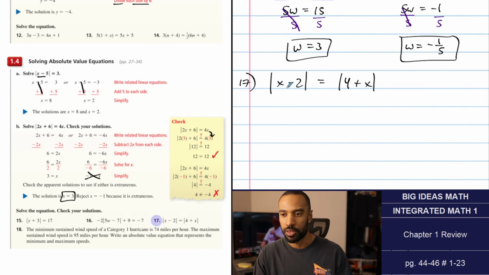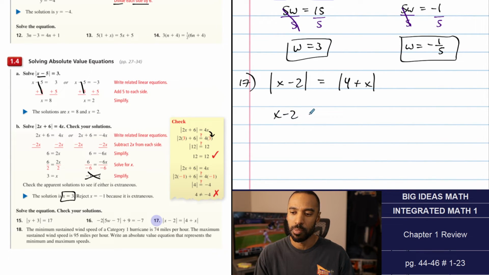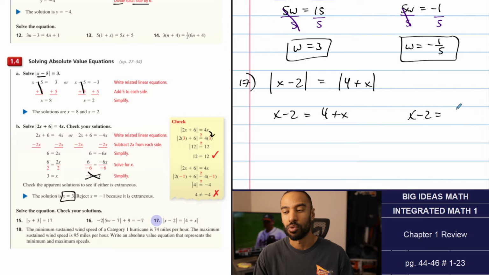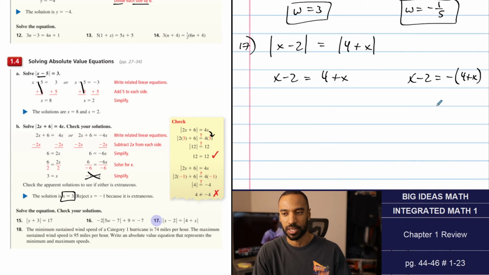We still have to see whether the inside thing can equal the positive or negative version of it. Because if it's the negative version of that answer, absolute value of a negative is still a positive, so it should still work out that way. So either x minus 2 can equal positive 4 plus x, or x minus 2 can equal the opposite of 4 plus x. Remember, 4 plus x is an entire quantity, so we're talking about negative 4 plus x like that.